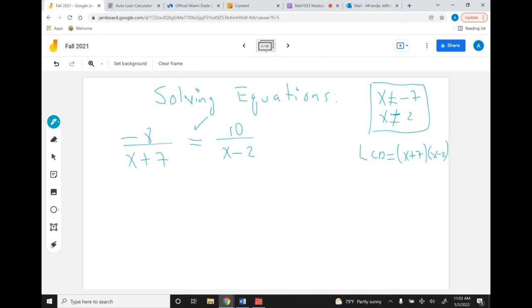Now, because this is a very trivial case, notice that on the left-hand side, you have a single term equal to a single term on the right. Because of that, and that's the only time that you're allowed to do that, we're going to cross multiply.